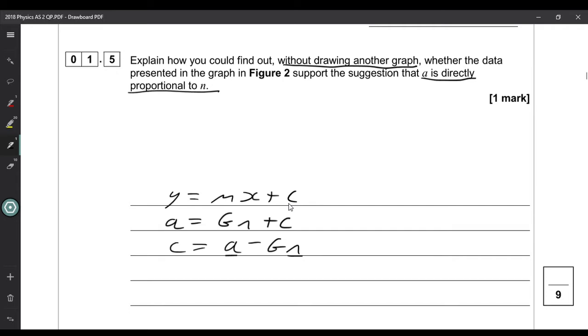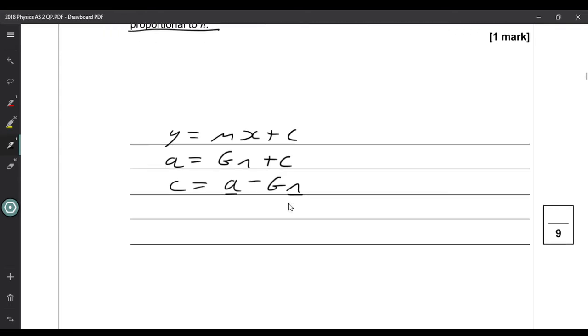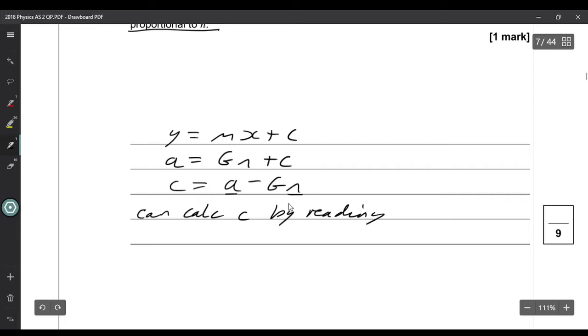So we can say that we can calculate c by reading off a and n from the graph.